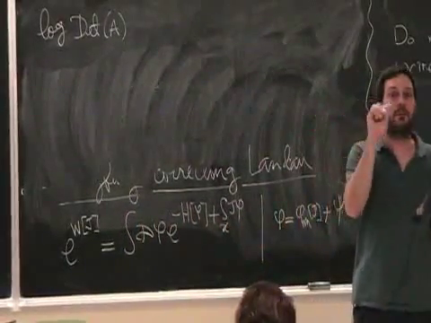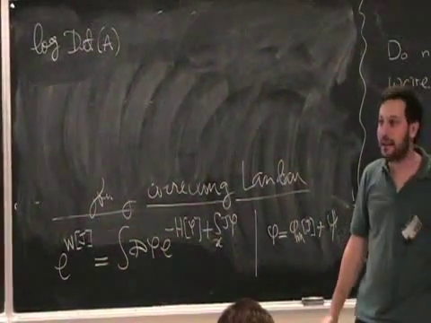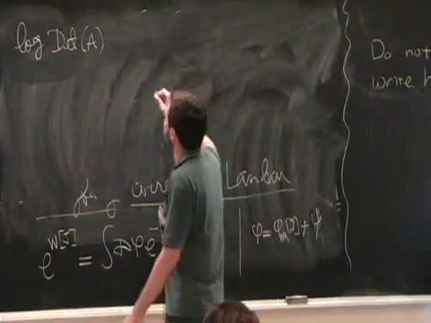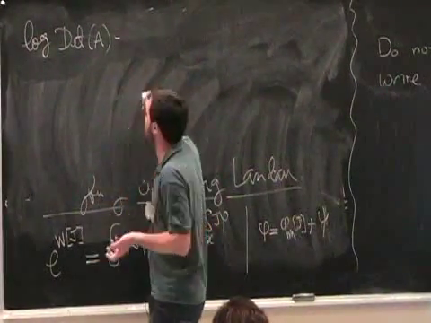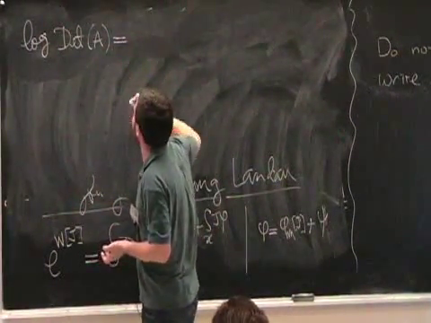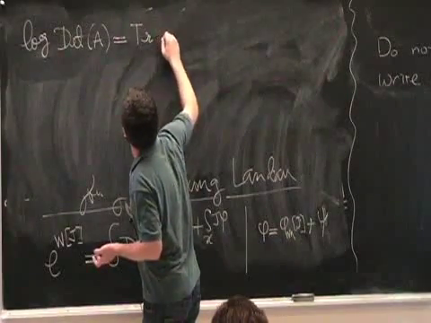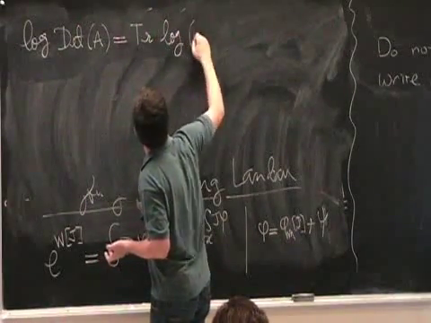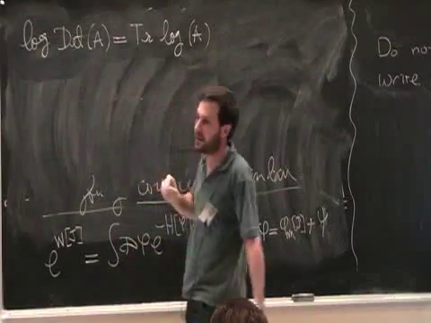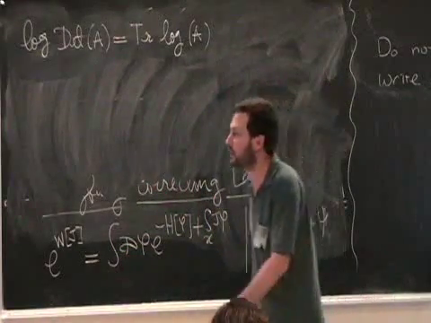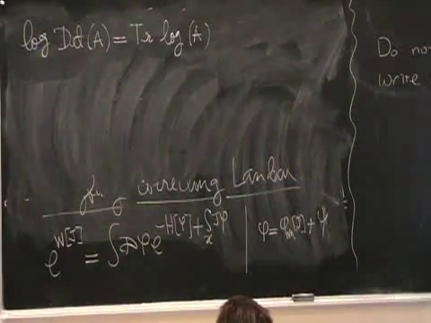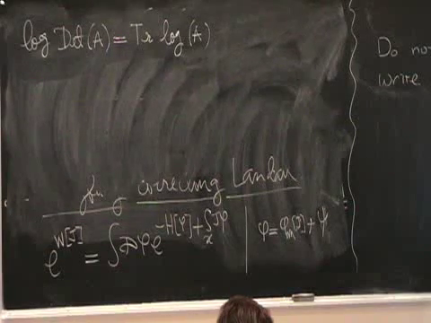Well, it's the same as the trace of the logarithm of the matrix. This is an exercise. Don't prove it for this huge matrix, it's too hard. Prove it for a simple matrix.